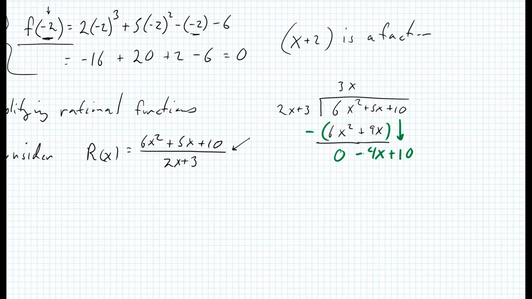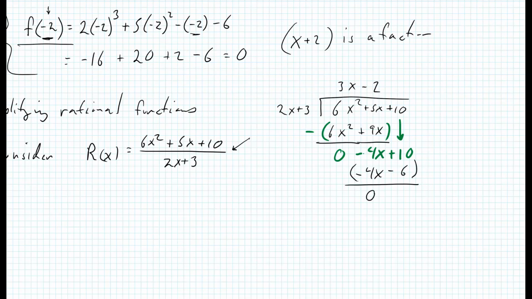Oh, and remembering words. So what do I have to multiply 2x by to get minus 4x? I'm going to say minus 2. So I get minus 4x. That's good. That'll give me the 0 I need. And then minus 2 times 3 is minus 6. I'm going to subtract those. So I get my 0 there.